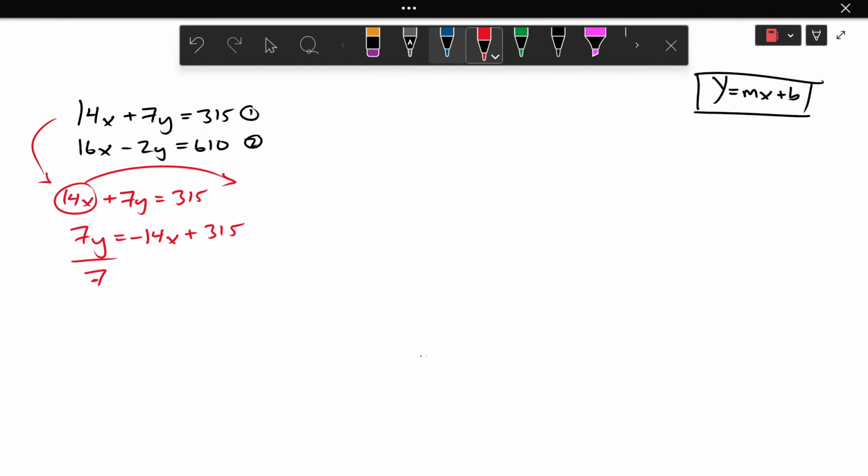Divide both sides by 7, and we get y equals negative 14 over 7, which is negative 2x, plus 315 over 7, which is some number. We'll take a look in a second because I'm not sure if I need it, and I don't have a calculator. I guess I could pull up a calculator.